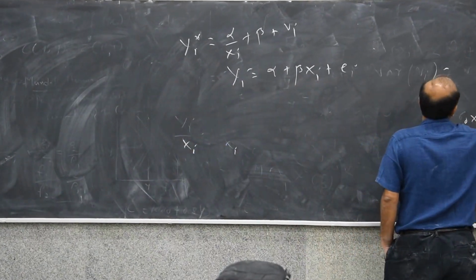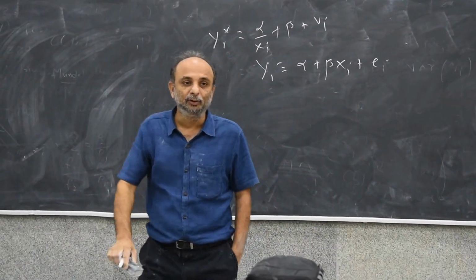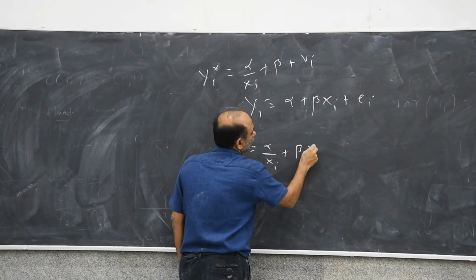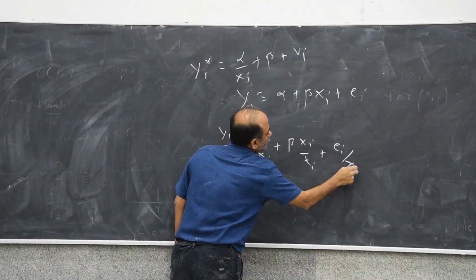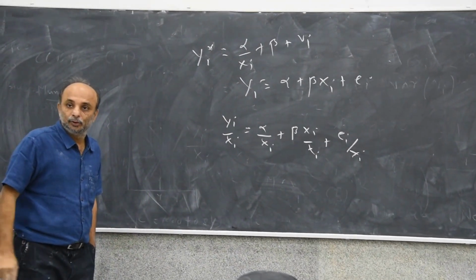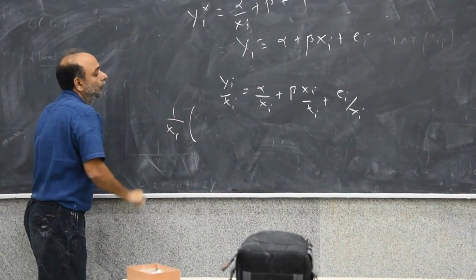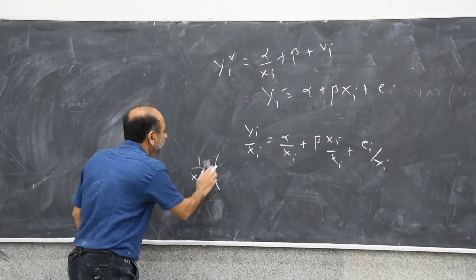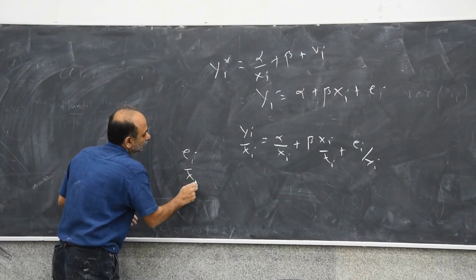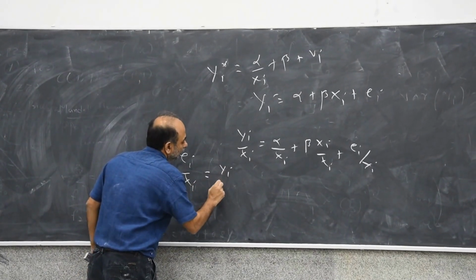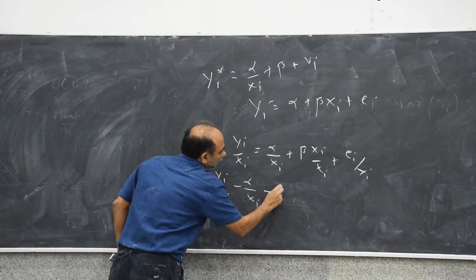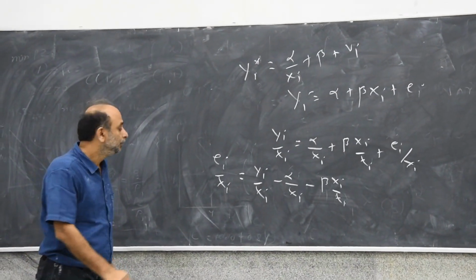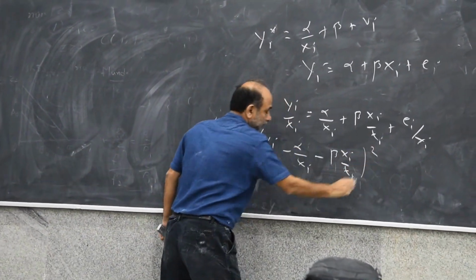If you look at this carefully, I have 1 upon xi, so basically my ei upon xi, this square is this square.